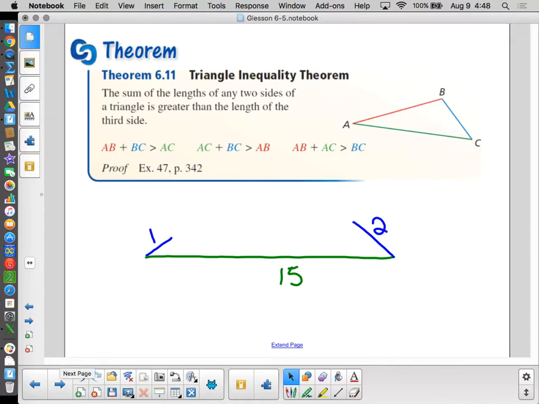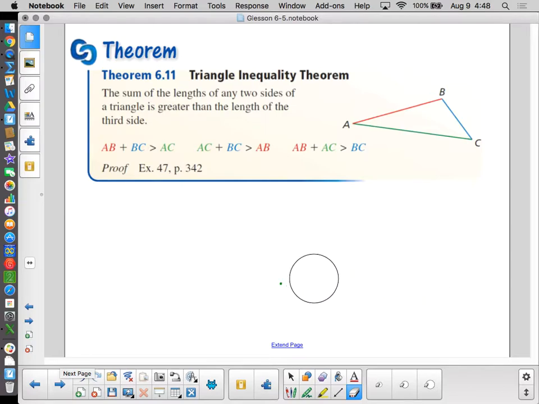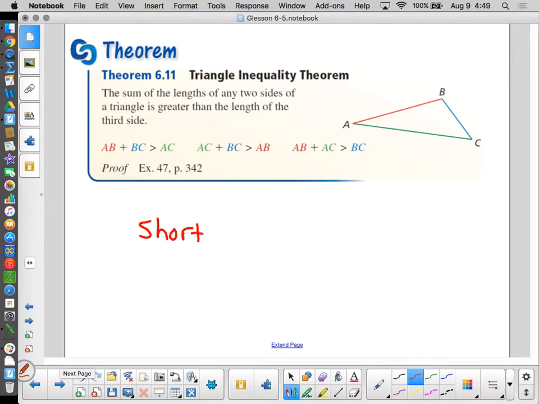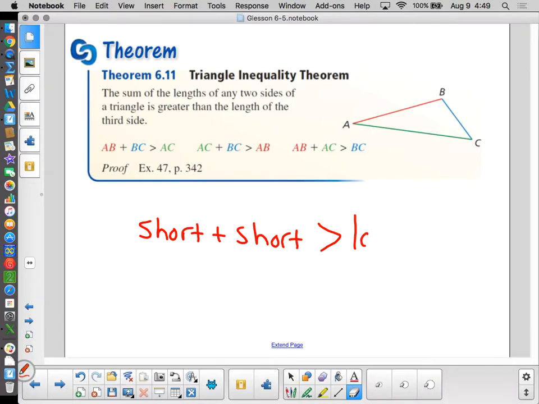So what it boils down to is that the sum of the two shorter sides, they've got all these formulas here. We don't need to memorize all these formulas. Don't worry about the formulas. Basically, the sum of the lengths of the two shorter sides, short side plus short side, must be greater than, not equal to, but strictly greater than the longest side.